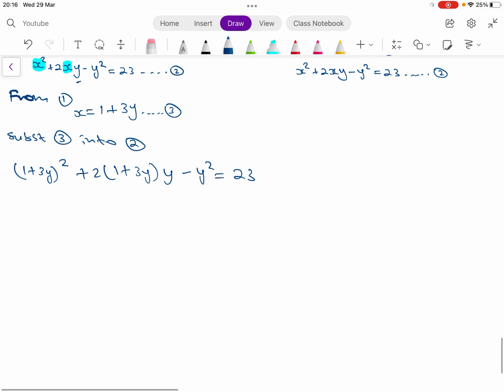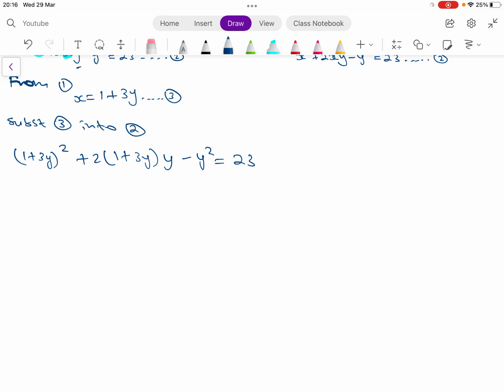Let's do the simplification. This 1 plus 3y occurs twice, so it's the product of 1 plus 3y and 1 plus 3y.